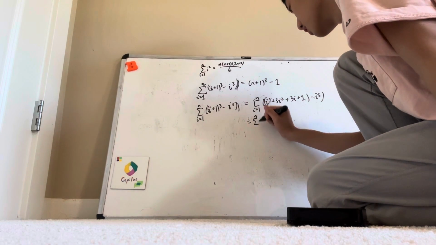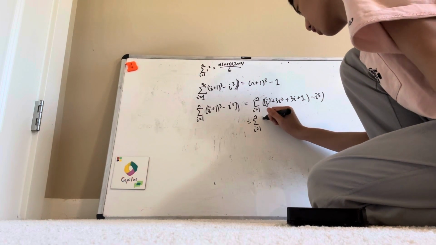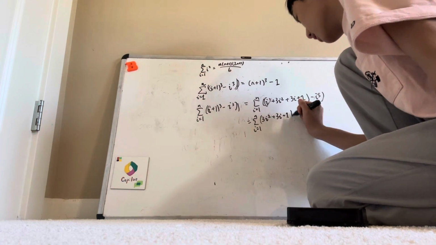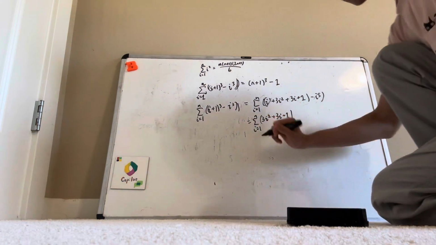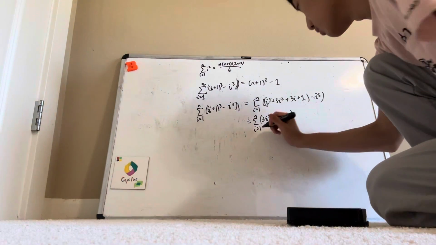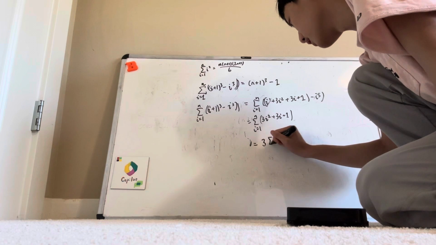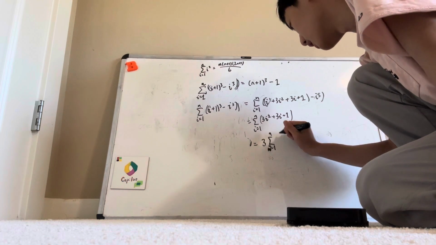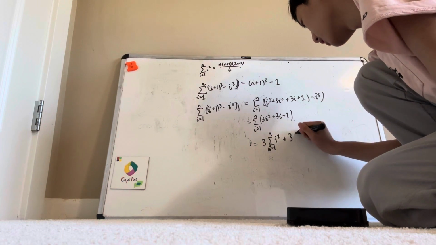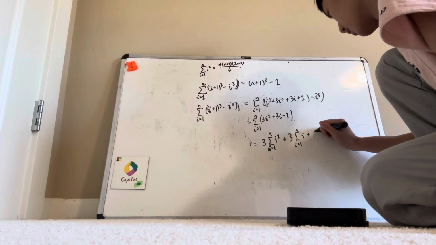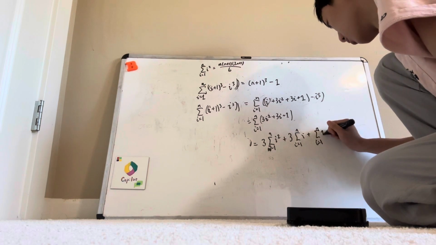This is equal to the sum from i equals 1 of 3i squared plus 3i plus 1. Look at that. So, what do we have here from now? We can simply write this as 3 times the sum of i squared plus 3 times the sum of i plus the sum of 1.